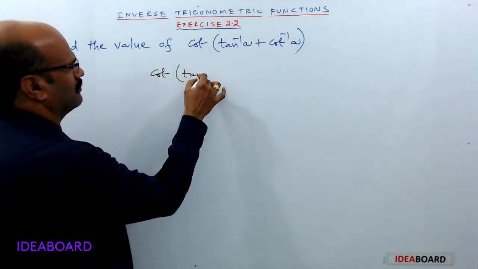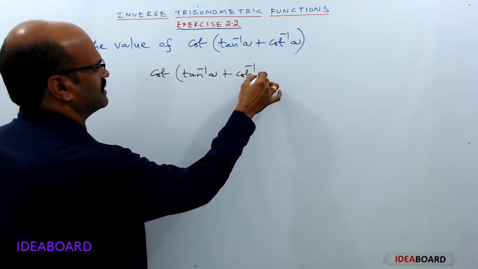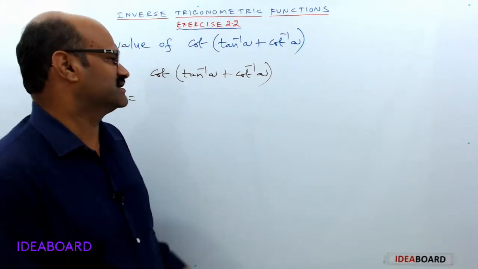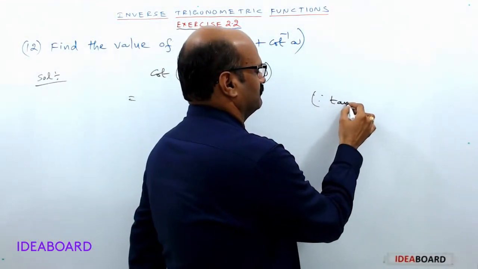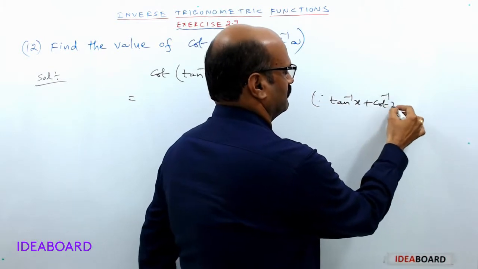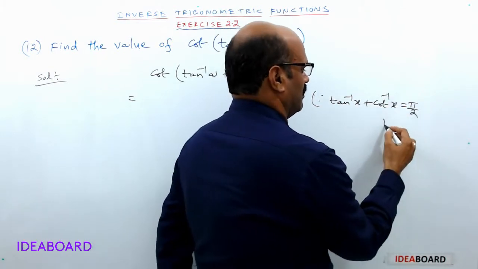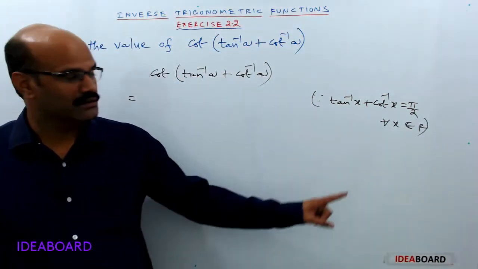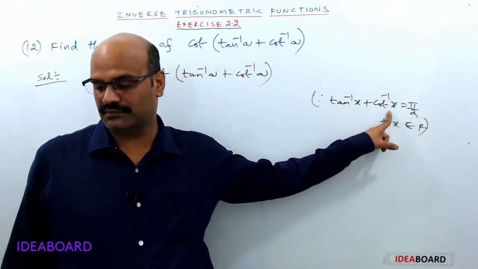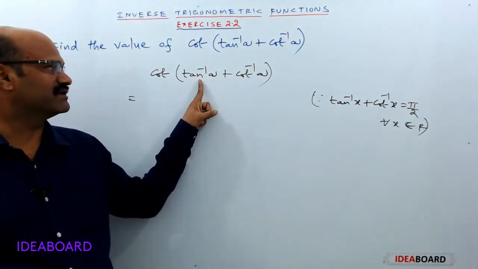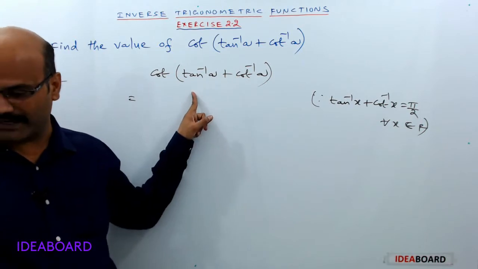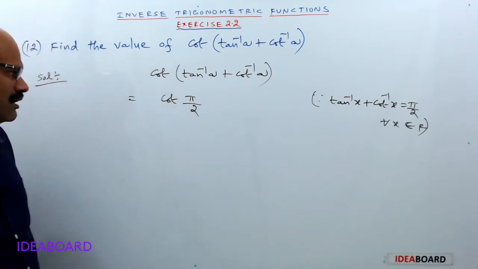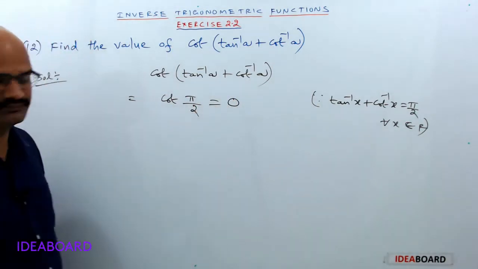Cot of tan inverse A plus cot inverse A. We know that tan inverse x plus cot inverse x equal to pi by 2 for all x belongs to R. From this property, we can write tan inverse A plus cot inverse A equal to pi by 2. So, cot of pi by 2. Cot 90 value equal to 0.